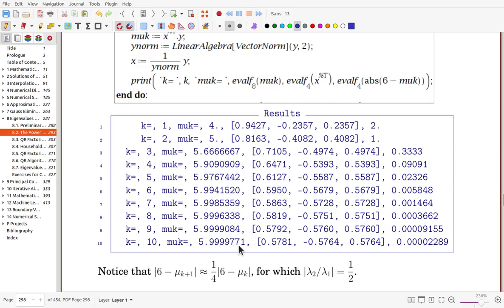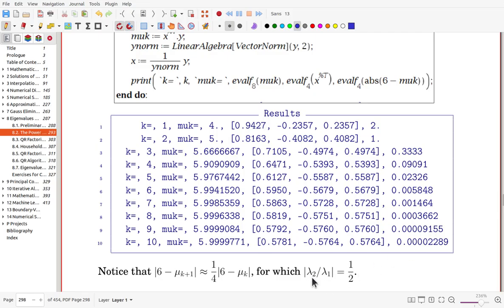power method. And in L2 norm, since we have the eigenvector 1, minus 1, and 1, but it's scaled so that it's length 1. Now, we can easily see the error becomes a quarter, again a quarter.